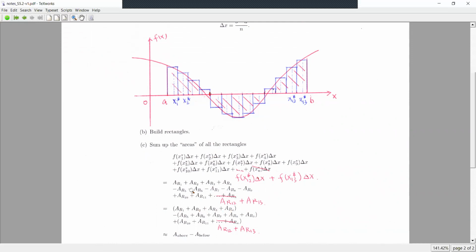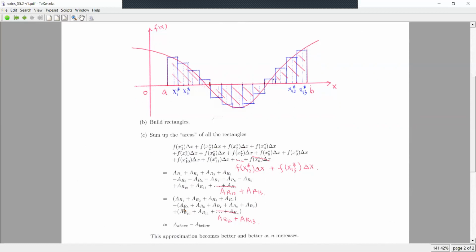And similarly, the area of rectangles 10, 11, 12, and 13, the sum of their areas is an approximation to the area of this region. This region lies above the x-axis. Now, this region plus this region is the total region that lies above the x-axis.